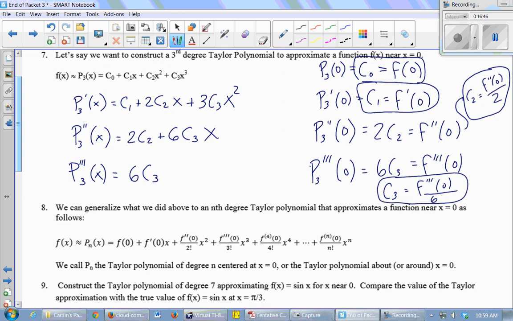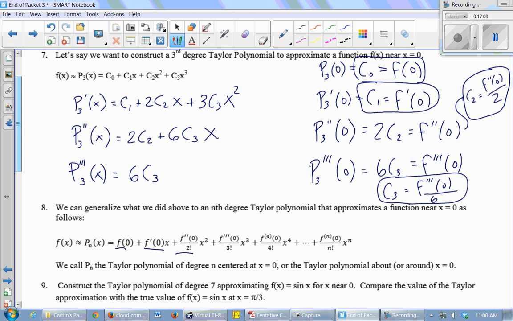And your C1, the coefficient on x, always comes out to f prime of 0. So I've got that here, C0, C1x. And then C2 always comes out to f double prime of 0 over 2. And I wrote it as f double prime of 0 over 2 factorial.